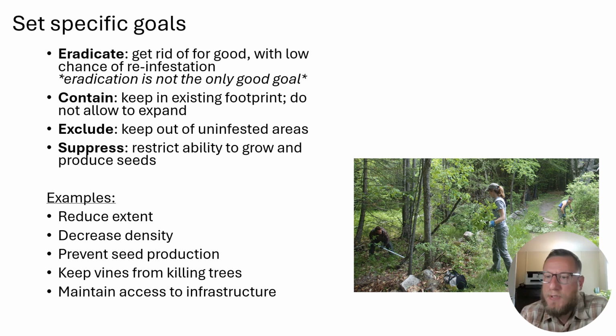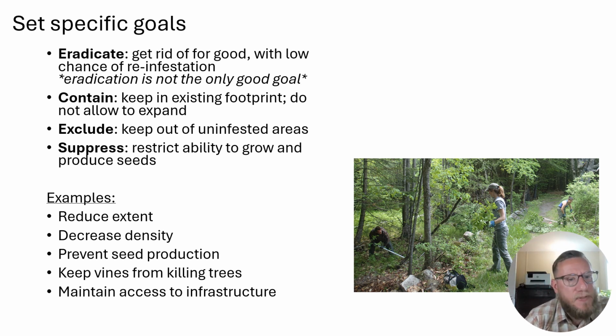And sometimes we'll use suppression. An example of this would be cutting large shrubs back, but not necessarily digging them up if you're looking to just suppress or not using an herbicide. So you may want to suppress it. You want to cut them back. Maybe you want to reduce their ability to reproduce. So again, you're cutting all that large biomass.